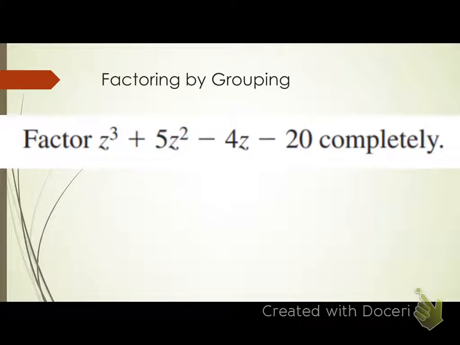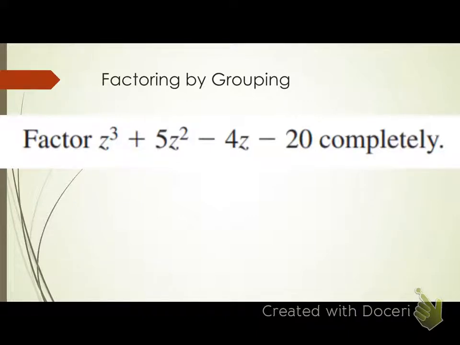Factor z to the third plus 5z squared minus 4z minus 20 completely. So I want to factor it till I can't factor it anymore. Just looking right off the bat at the four terms together, do they all four have a common factor?